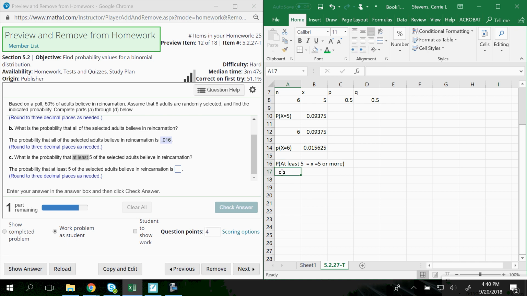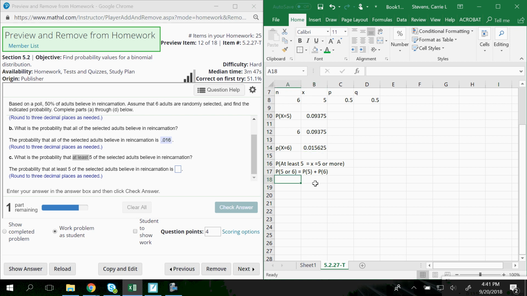That is the same thing as saying the probability of 5 or 6, since we're only doing 6 questionnaires. So we just have to add up the probability of exactly 5, plus the probability of exactly 6. So we can do that. That's no problem, because we already have those answers right here and here. So we just need to add them up.